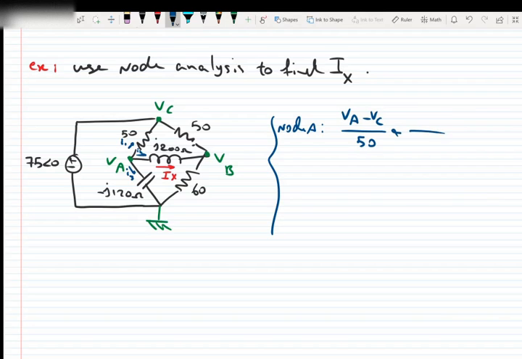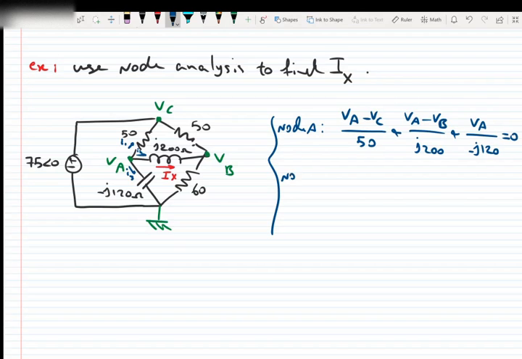The current going from VA to VB is VA minus VB over J200. The current going through VA to the reference point is VA over negative J120 is equal to 0.